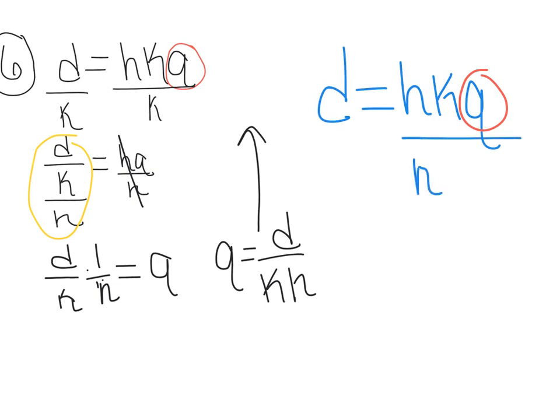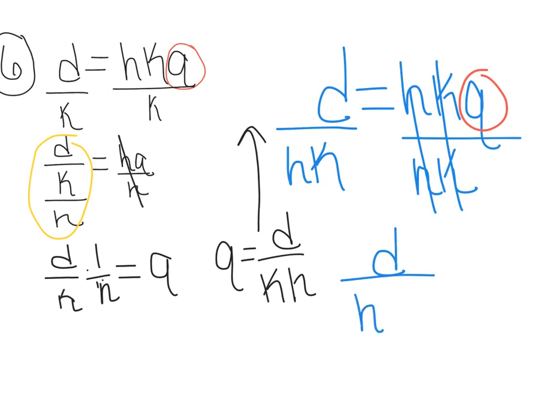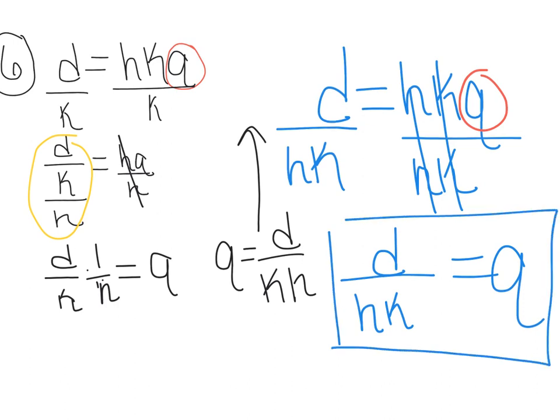So I can, in one step, divide by hk. And if you do it to one side, then you have to do it to the other side. H's cancel, k's cancel. So you have d over hk equals my q. Same answer, just a little bit easier to do it that way.